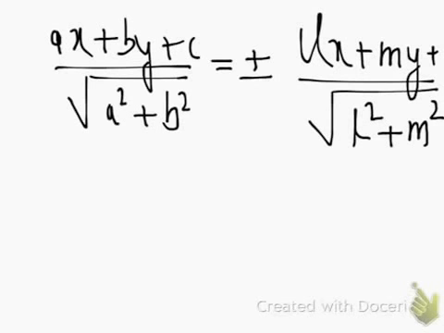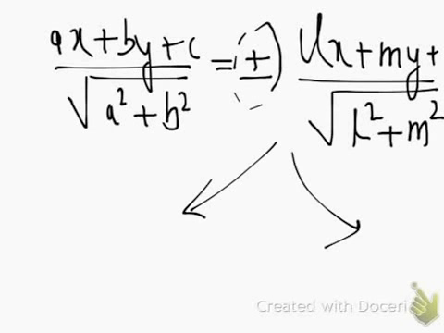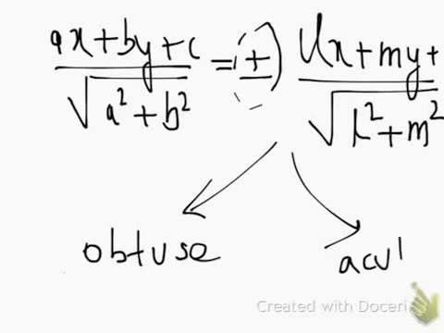And you can see, since there is a plus minus sign here, it implies that there will be two equations. One will be the bisector of the obtuse angle and the other will be the bisector of the acute angle. Now that depends upon the point where the origin is lying.